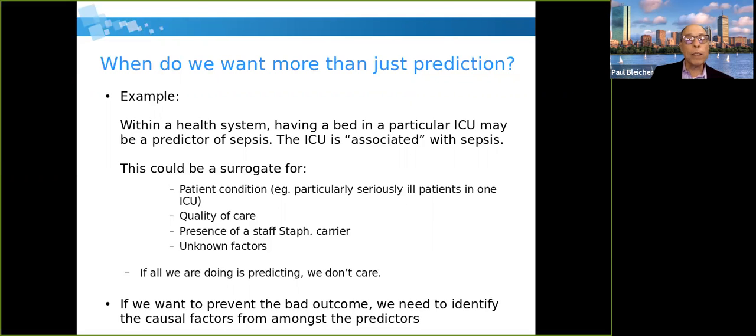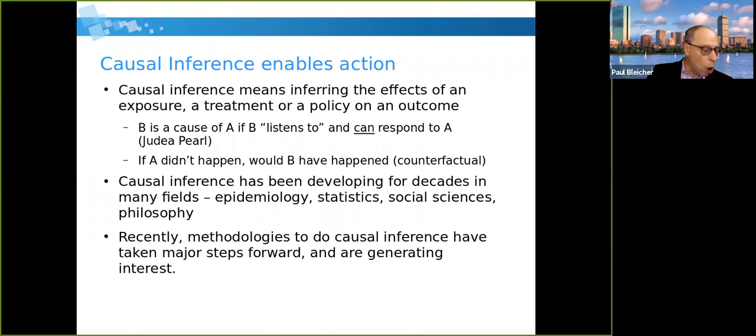We want to know whether we need to treat our staff with mupirocin, nasal mupirocin, to avoid that staph carriage. Or we want to know and be comfortable with this because it's just a confounding factor, that is, sick patients happen to be in that ICU. So causal inference allows us to take actions.